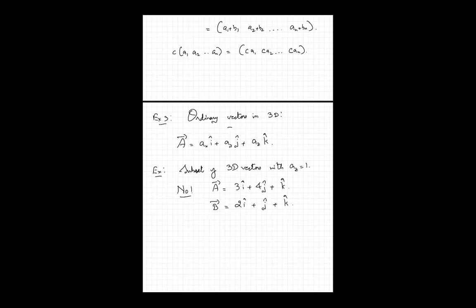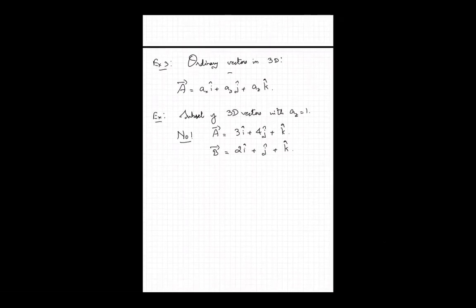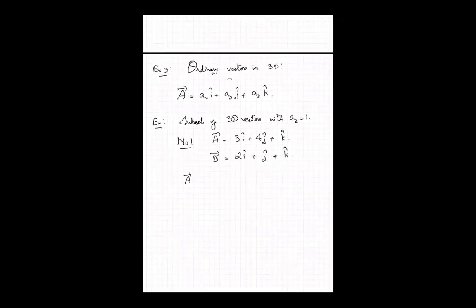We are restricting our attention to those vectors whose z component is 1, and we are asking if these live in a linear vector space. Suppose I add these two vectors, a plus b, what do I get? I get 5i plus 5j plus 2k. But the addition of these two vectors should also be in the vector space. But the addition creates a new vector whose z component is not 1, it is 2.